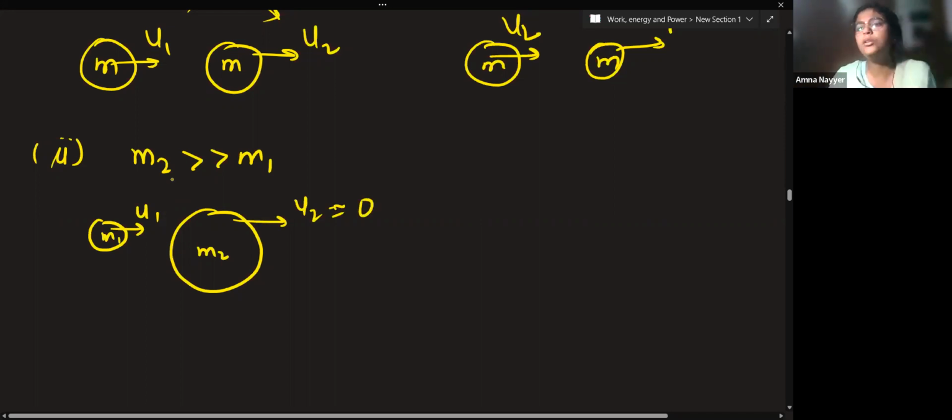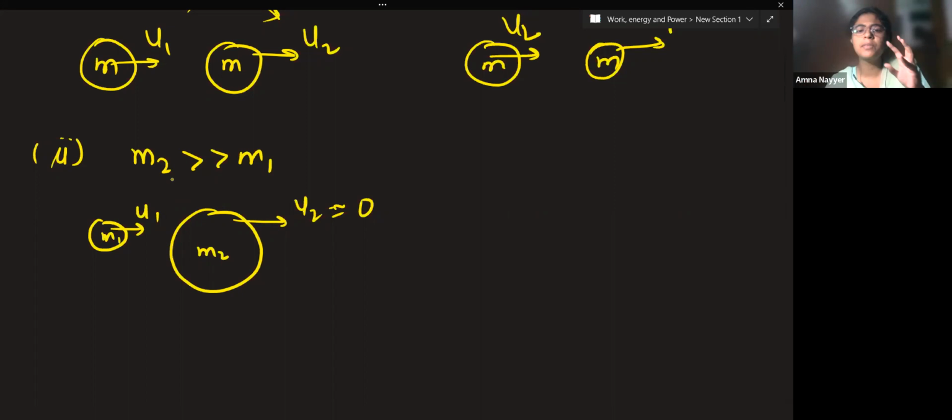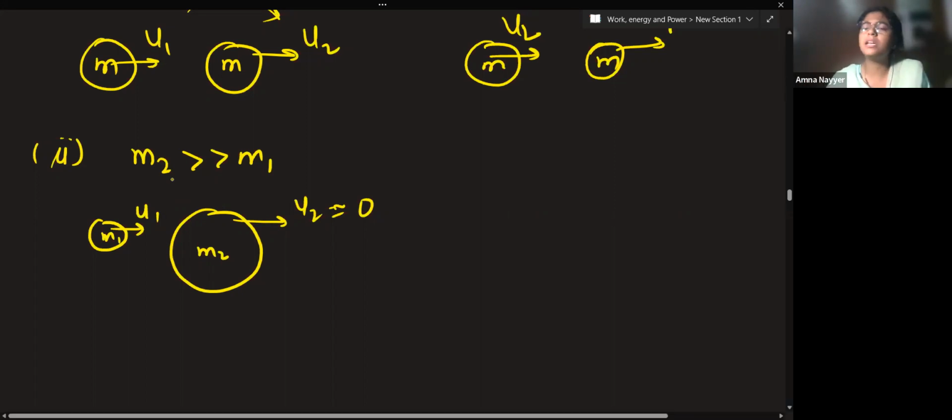So that's how you can reduce your answers, right? Why? Because M2 is very huge in comparison to M1. So whatever is the initial velocity, it gets neglected in front of it. Let's say U1 is 5 meter per second, M1 is 5 kg, U2 is 6 meter per second, M2 is 1000 kg.